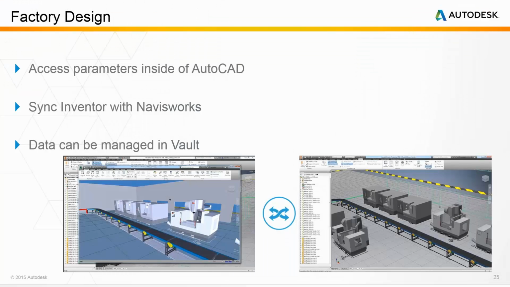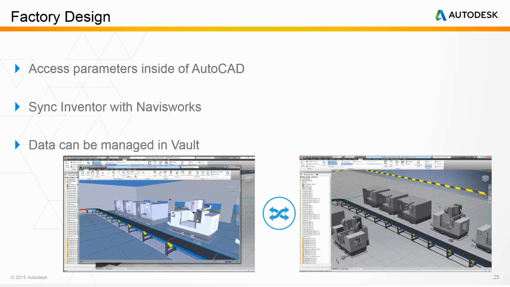And finally, just finishing off this area of interoperability, factory workflow is becoming a bigger and bigger part of a lot of companies. So Inventor's ability to interoperate with factory assets through parameters, which are essentially Inventor parameters, directly inside of AutoCAD.